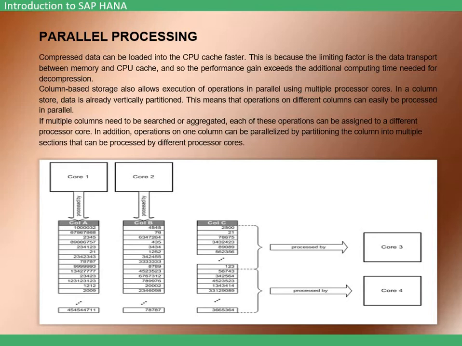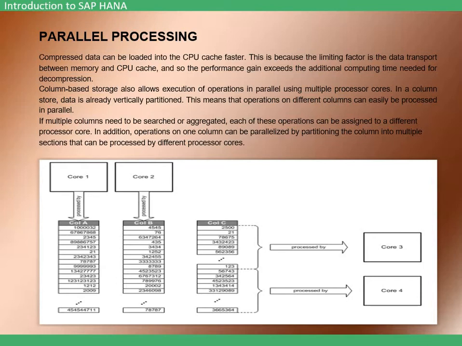The column based storage also allows execution of operations in parallel using multiple processor cores. Since the hardware is now equipped with multiple CPUs, SAP HANA is optimized to utilize multiple CPU processing.